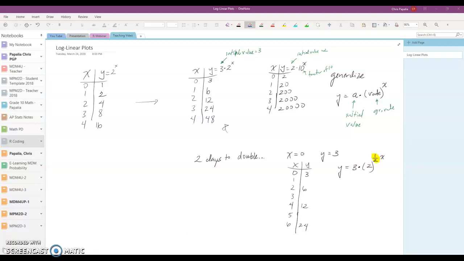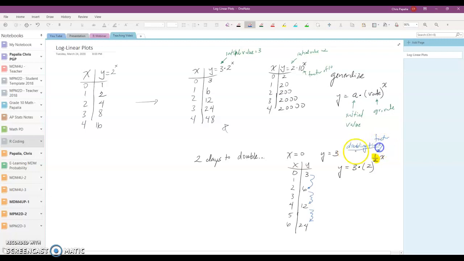So pause the video and have a look at it. Okay, so what you should see here is that we start with 3, and it takes 2 days to double. Takes another 2 days to double, and another 2 days to double. So what we've got now is this factor here, and we might call this a doubling time.